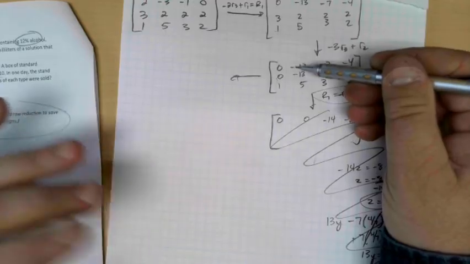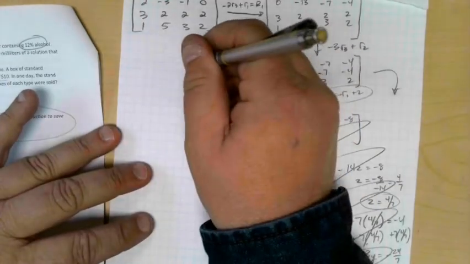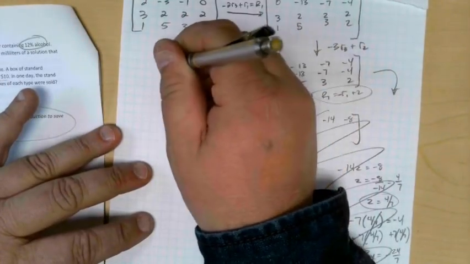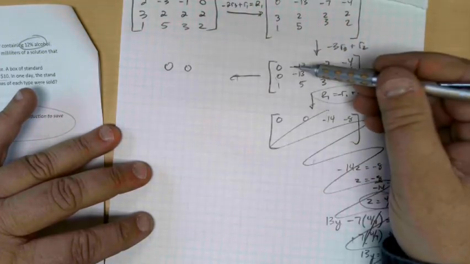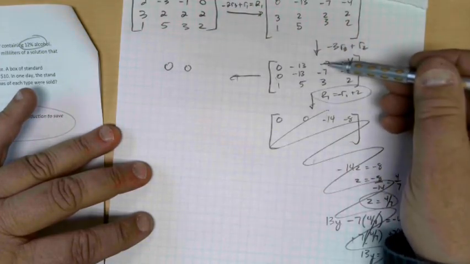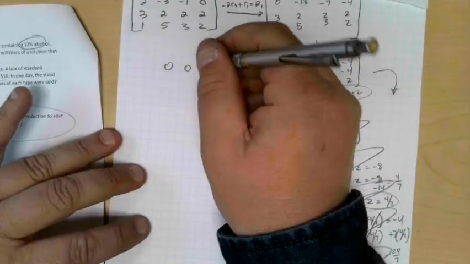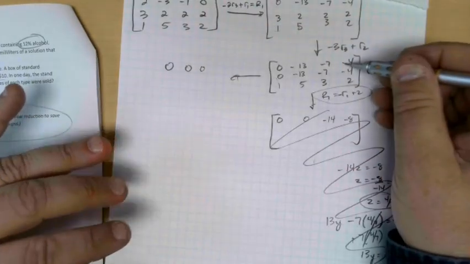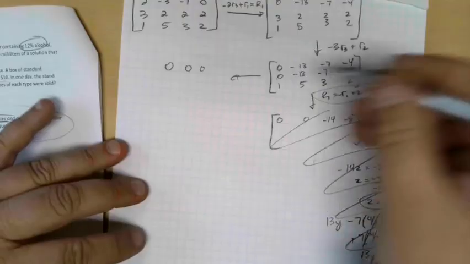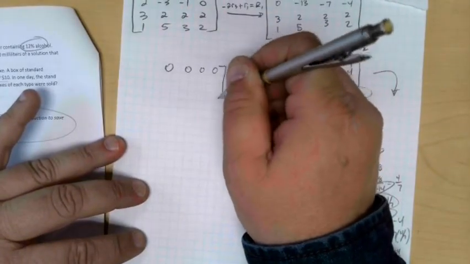So the opposite of -13 is 13, plus -13, I've got 0. Opposite of -7 is 7, 7 minus 7 is gone. Opposite of -4 is 4, plus or minus 4 is gone. See that? I got zeros.